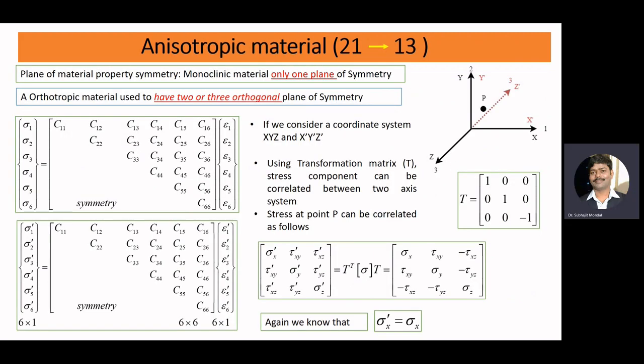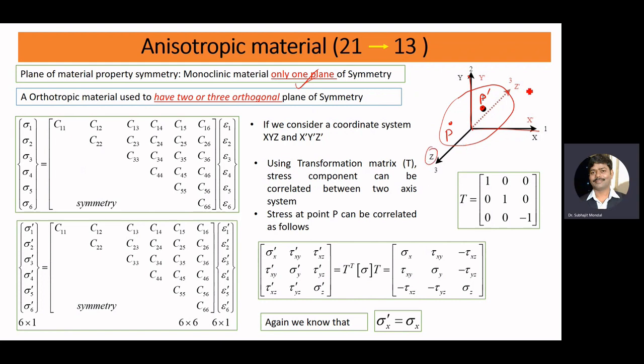Now here, if we consider a material with 1 plane of symmetry, we have a material, and in the material we have point P dash, and on this side we have point P. You can observe that the material here is showing symmetry with respect to the XY plane.